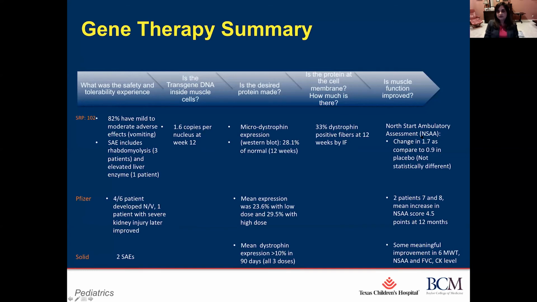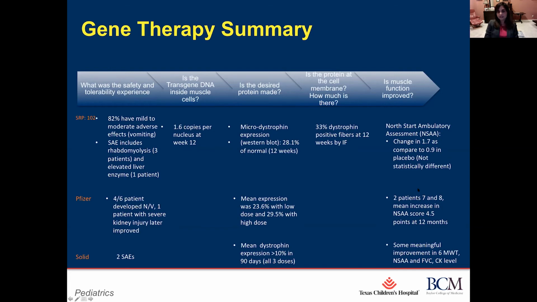And if you look at the functional assessments, as I mentioned, SRP 1 or 2 did not show comparable results to SRP 101. So their change in NSA score was 1.7 as compared to 0.9 in placebo. In the 101 study, it was 6.4. So that's much different.